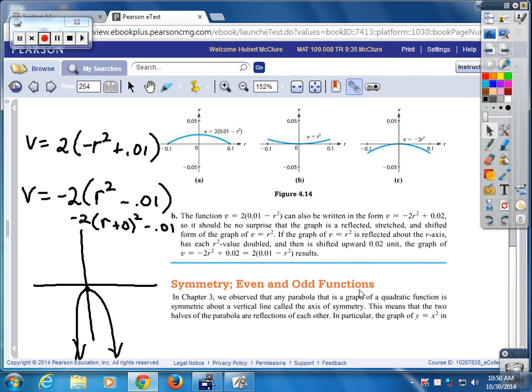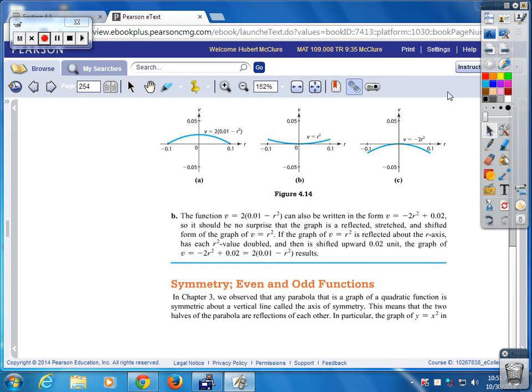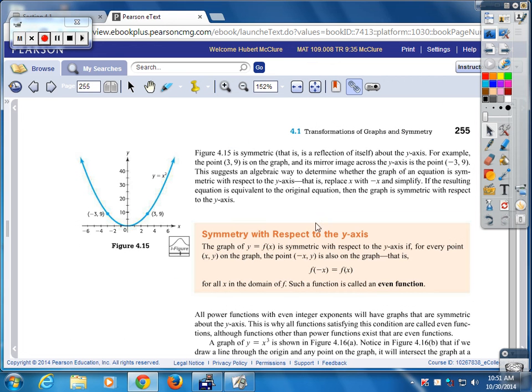Symmetry, even and odd functions. Write this down. The graph of y is equal to f of x is symmetric with respect to the y-axis, and y'all know that. In other words, the y-axis is the mirror, right?